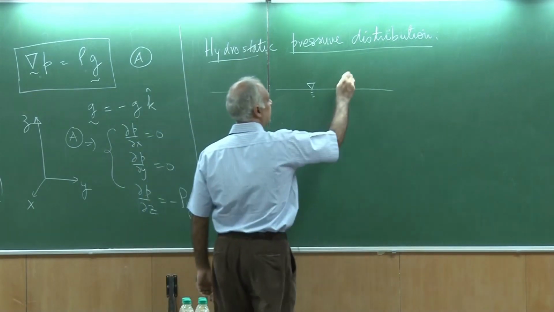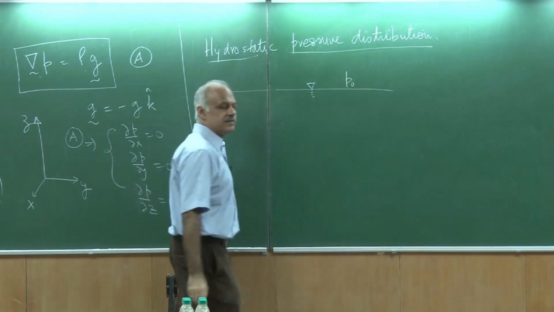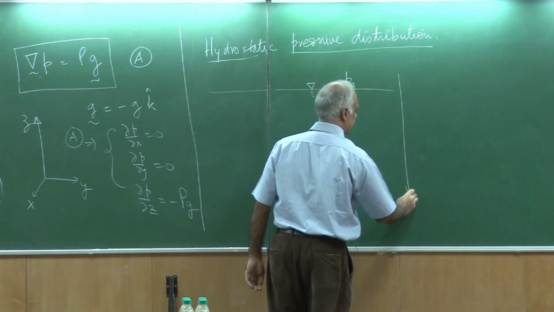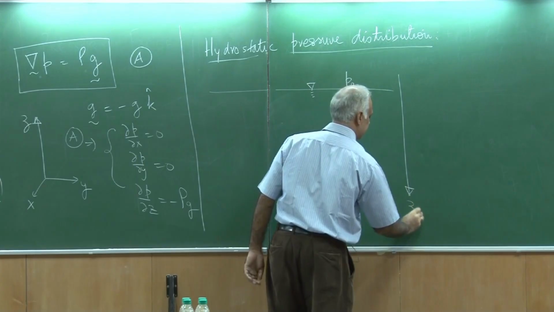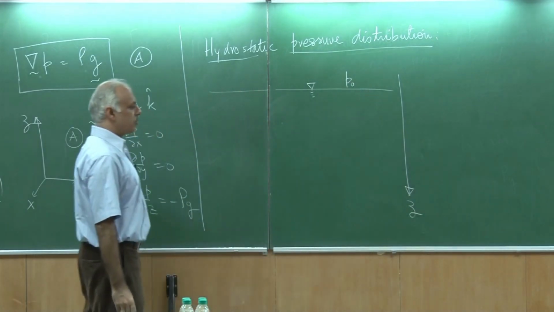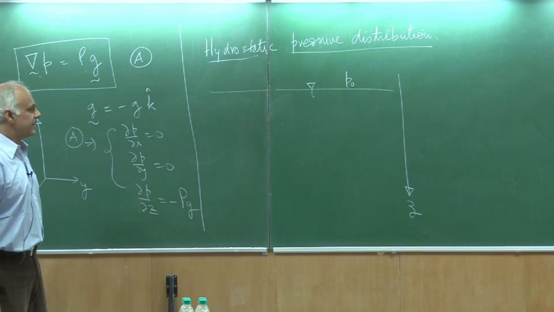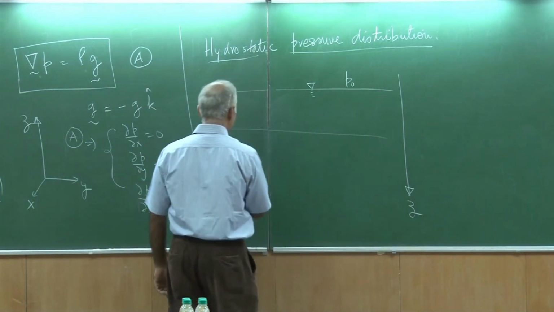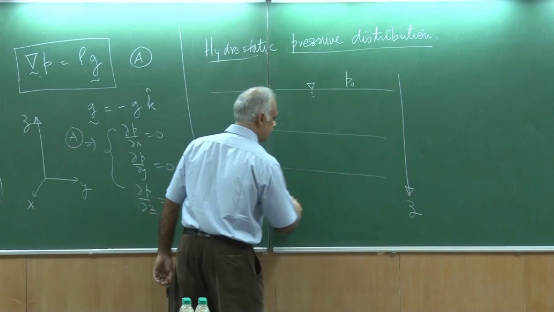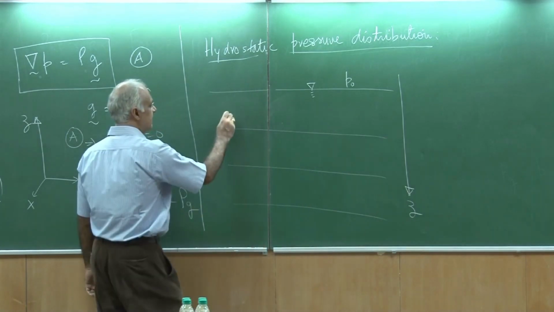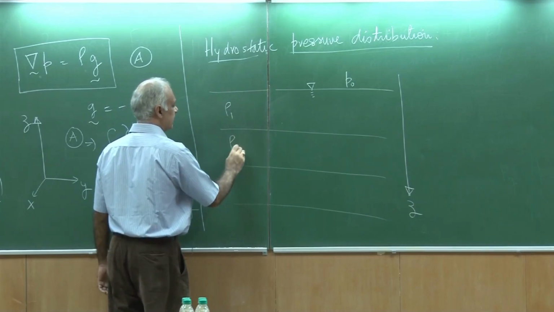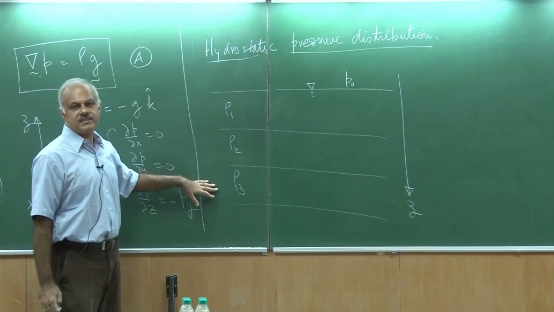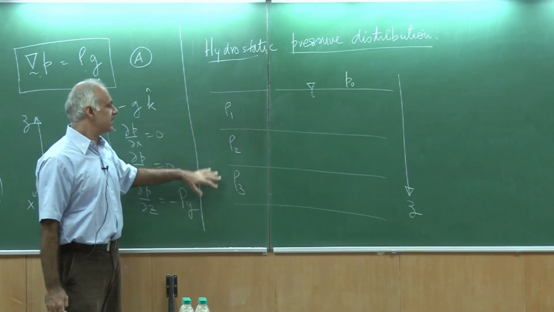The pressure here is P naught, and let us say this is my z direction. Notice I have inverted the z direction, and let us say I have fluids of different densities. So let us say this density is rho 1, this is rho 2, and this is rho 3. And in each of these layers, the density is constant. Okay.